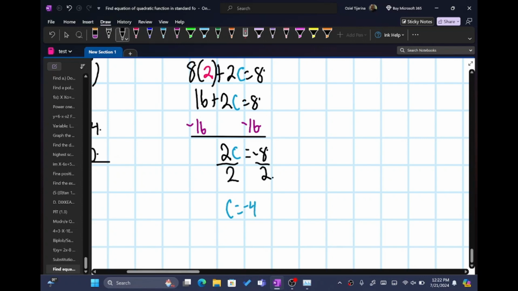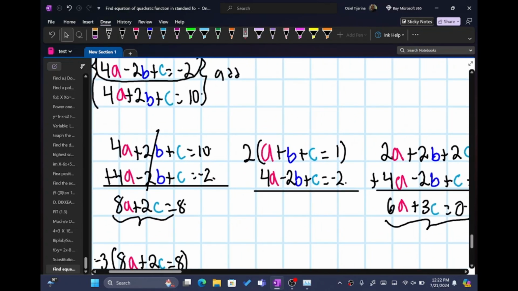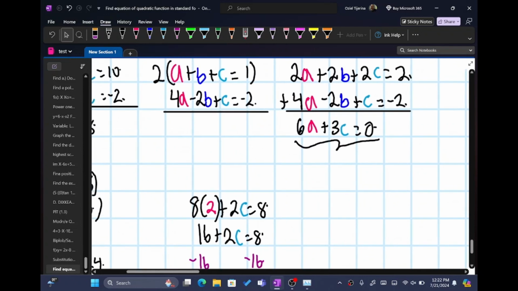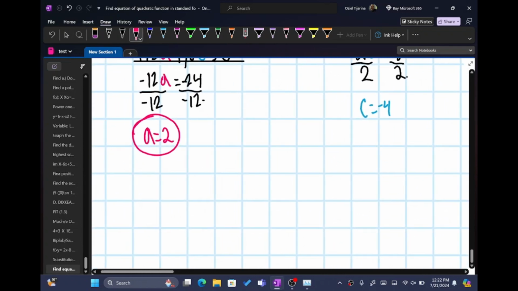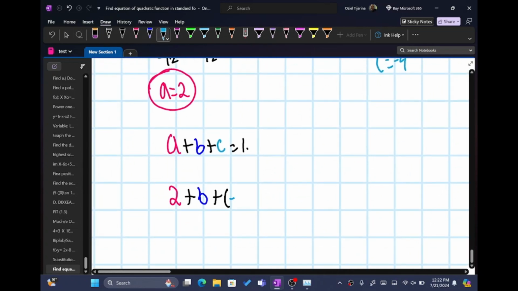And then finally, we're going to solve for b by plugging into one of the originals. So we had a plus b plus c equals 1. We're going to plug in: 2 plus b plus negative 4 is equal to 1.